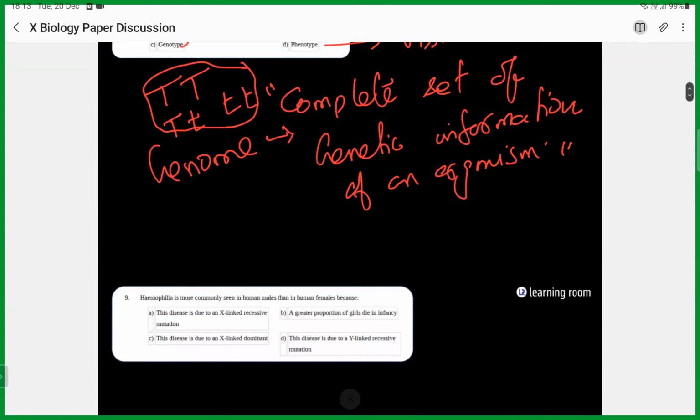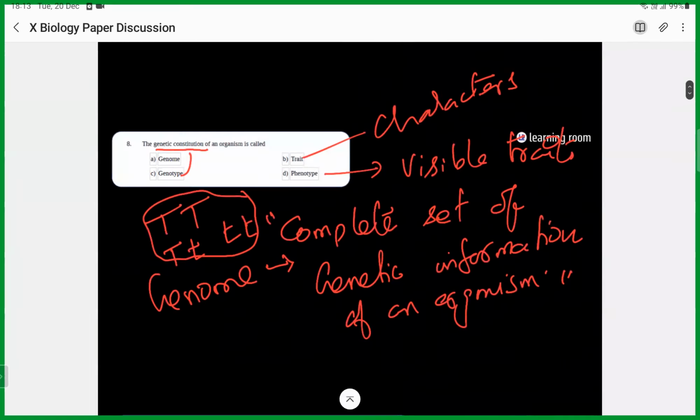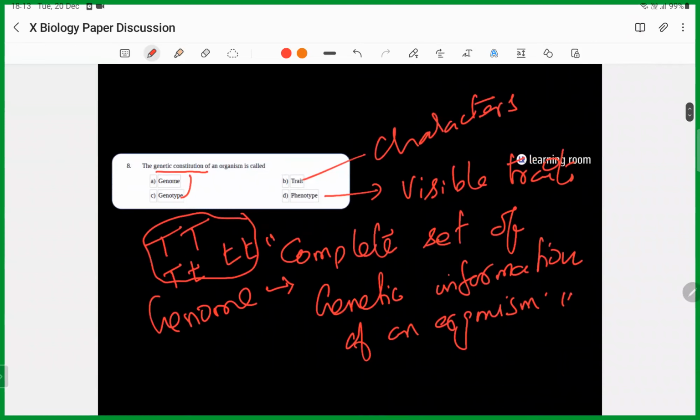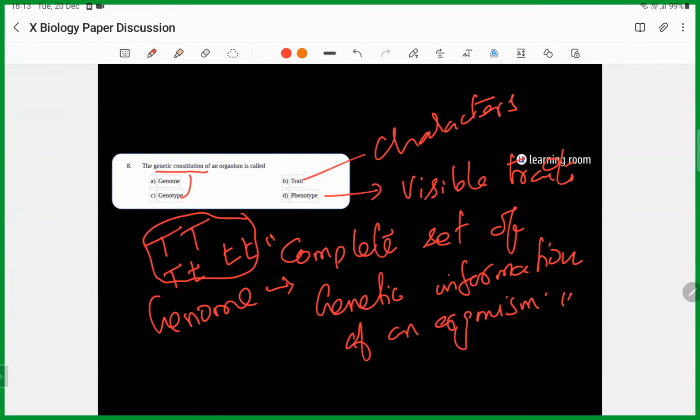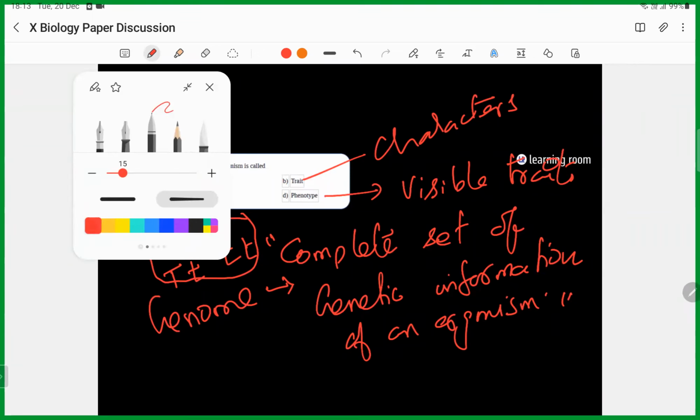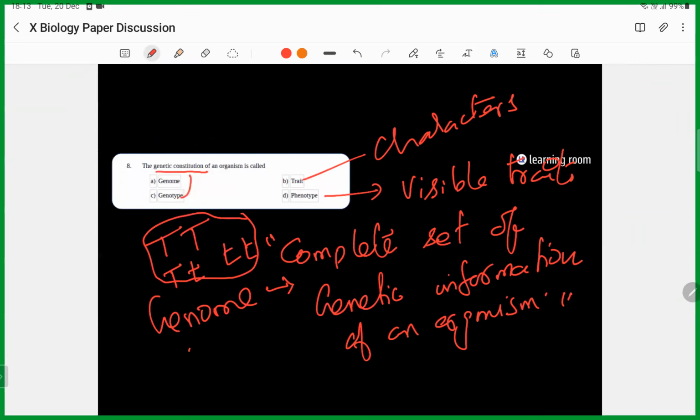This is the genotype. The phenotype, how do you describe it?